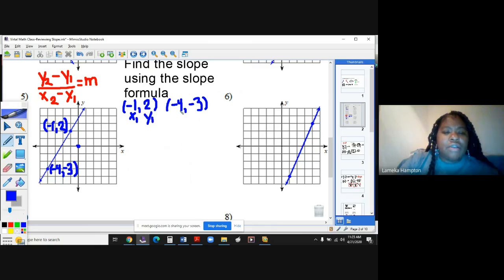Now I'm going to go over here and do the same thing. Because I'm dealing with my second set, -4 would be x2, and -3 would be y2.